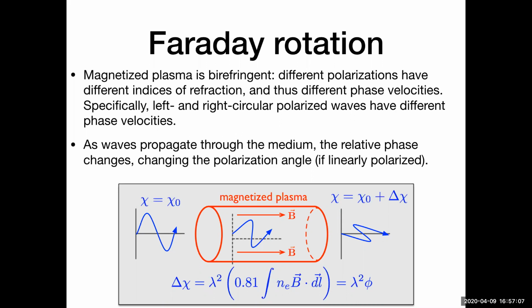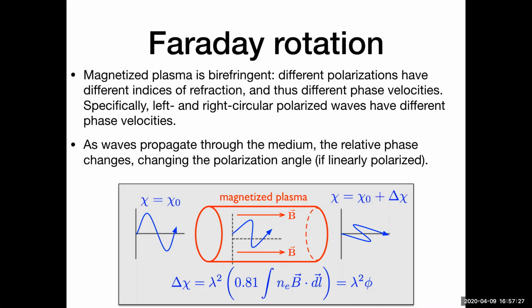And since the index of refraction defines the phase velocity, different polarizations have different phase velocities. In the case of plasma, it's specifically the circular polarizations that are different. So left circular and right circular polarizations have different phase velocities.